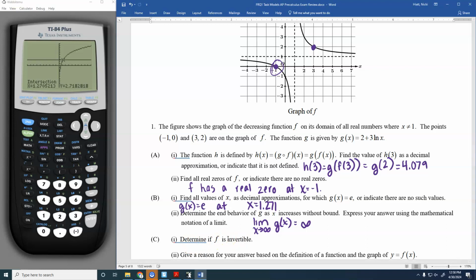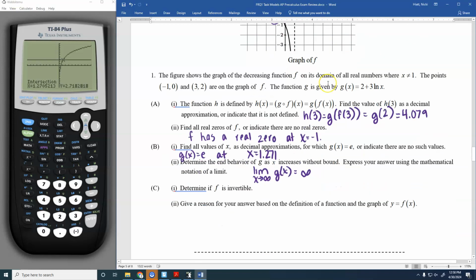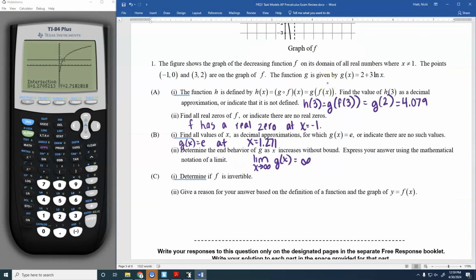In order for you to be able to do the inverse, you have to have a one-to-one function. In this case, would this pass a horizontal line test? Is there anywhere where I touch the graph twice? No. This passes the horizontal line test. So, this is invertible, so I would just say, yes, F is invertible.